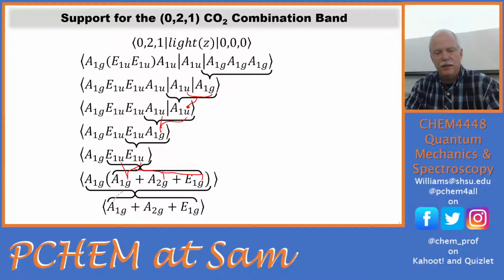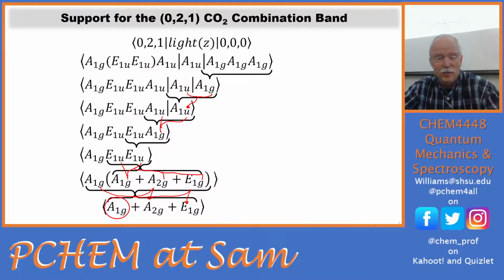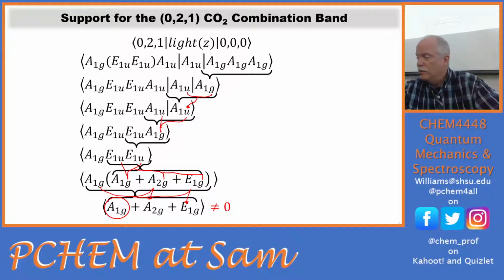So A1G times A1G gives A1G. A1G times A2G gives that, and A1G times E1G gives that. But all we're really looking for is which one of these. We're just looking for that A1G. So when we see that, we know this is not equal to 0, and this is an allowed transition. Okay, pretty straightforward.